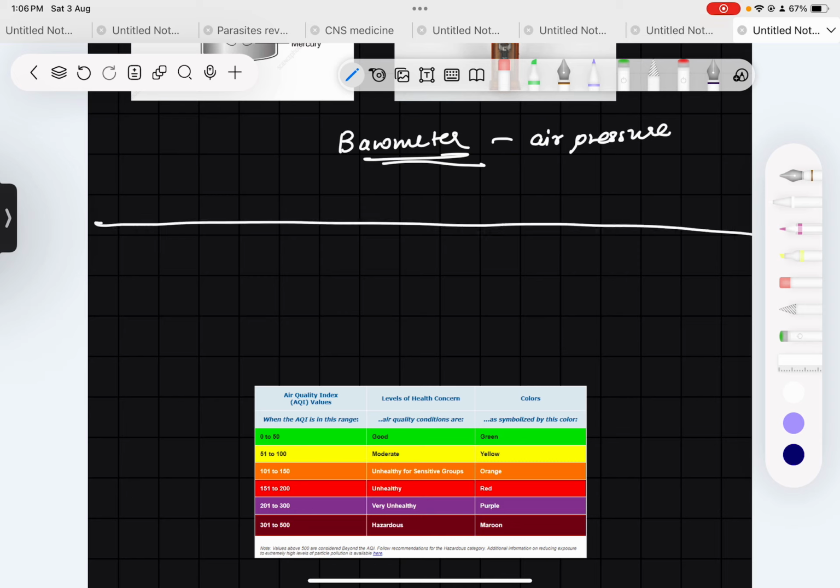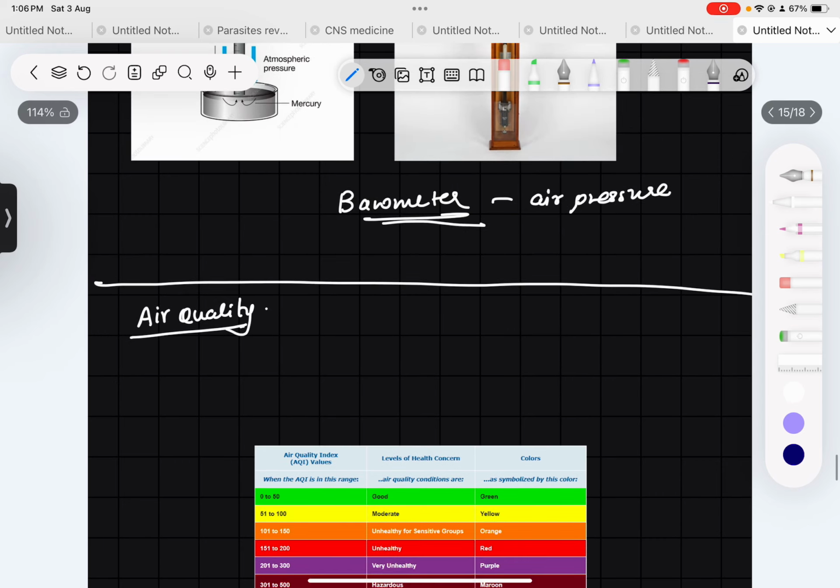Now about the air quality. First we have to learn about the components that we use to measure the air quality index. The air quality index has PM 2.5 and PM 10.